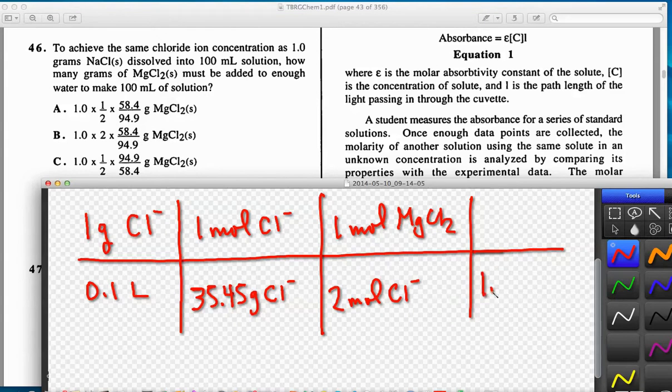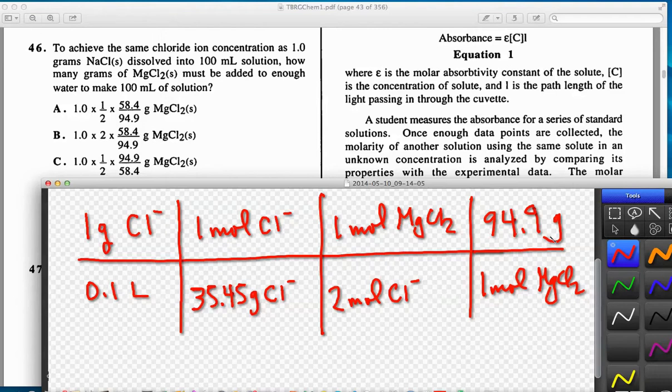I know that 1 mole of MgCl2 is 94.9 grams of MgCl2. And that would tell me how much MgCl2 I needed to add.